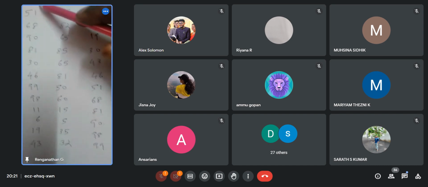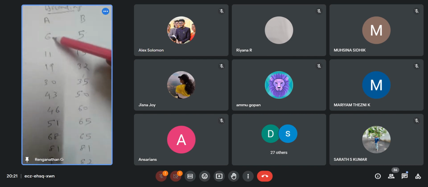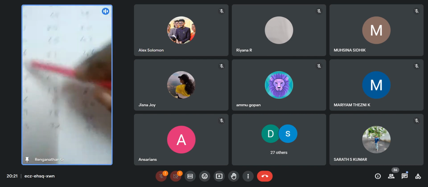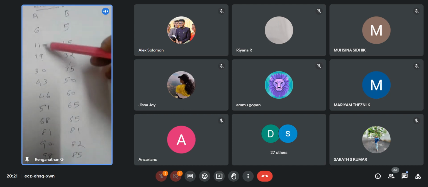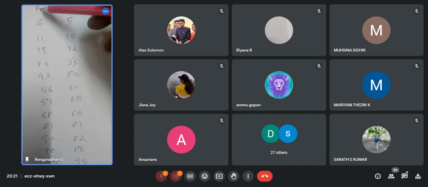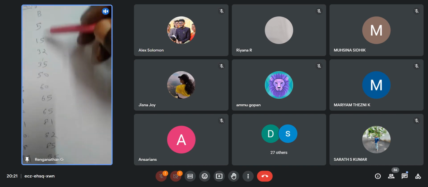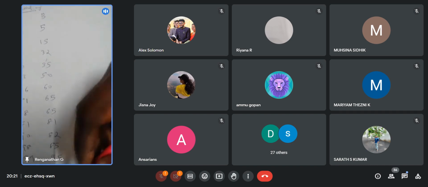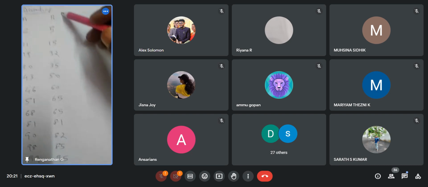For example, in group A, the least one is 6. That is written first. The next highest item is 11. That is written here, 6, 11. Then the next item, 19. In this way, I arranged the whole data in the A group in ascending order. Similarly, B is also arranged in ascending order. So everybody write the figures in A and B groups in ascending order.